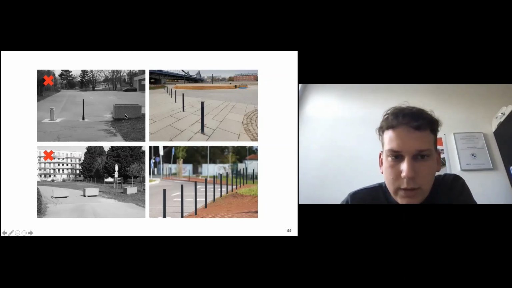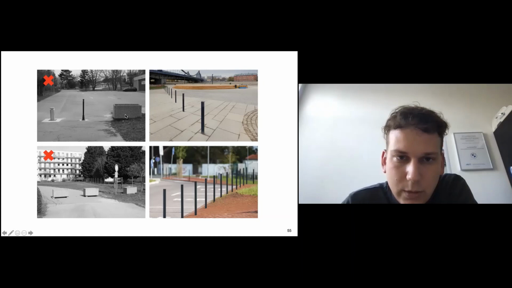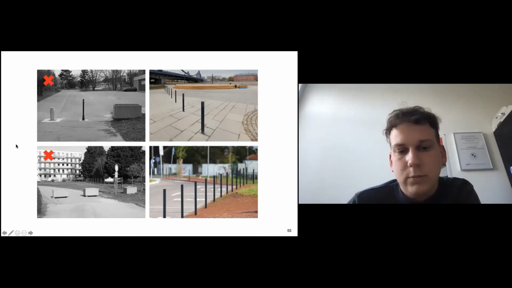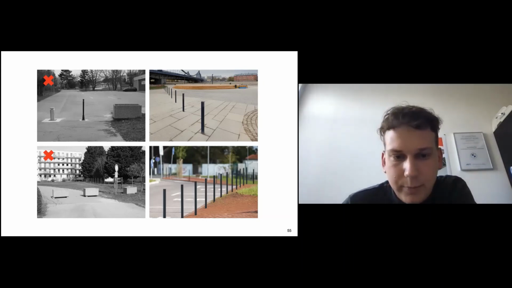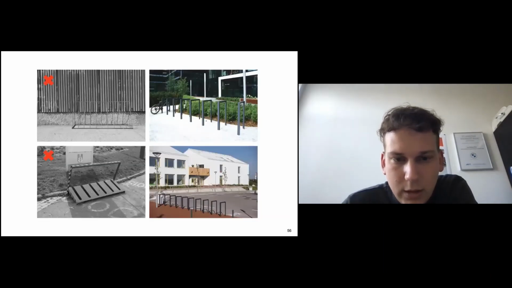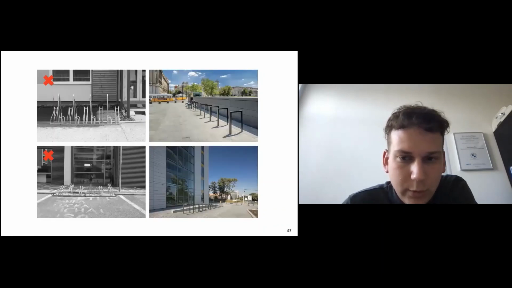So as you can see, there is no unit design of objects like this, and this needs to be also improved.